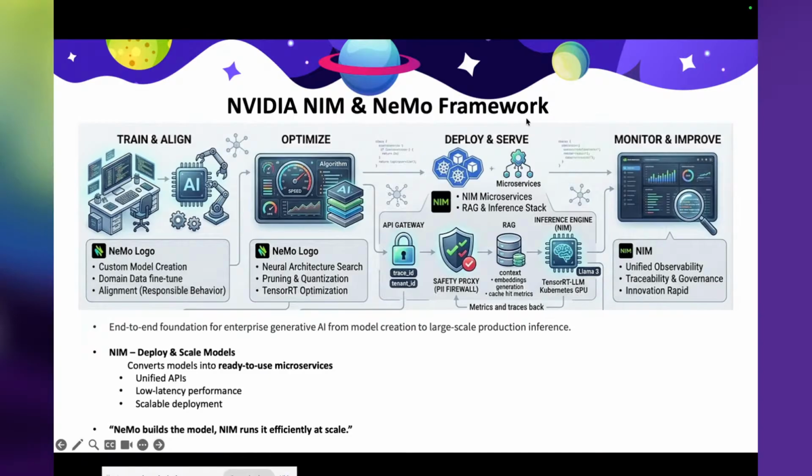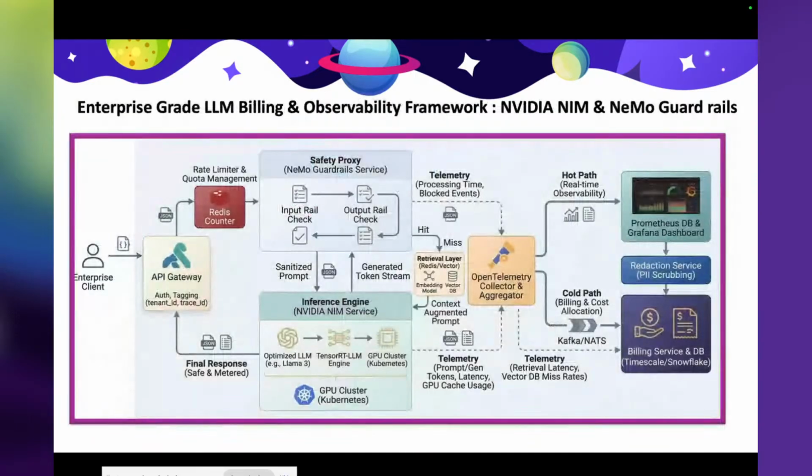Okay. Now let's look at a use case. An enterprise grade use case. So this is your enterprise grade LLM building and observability framework, with NVIDIA NIM and NeMo Guardrails.